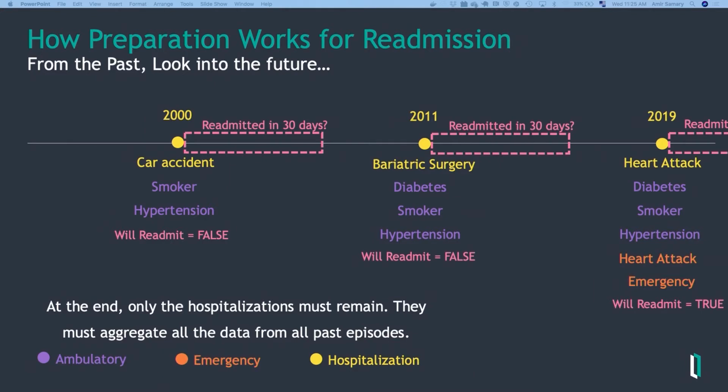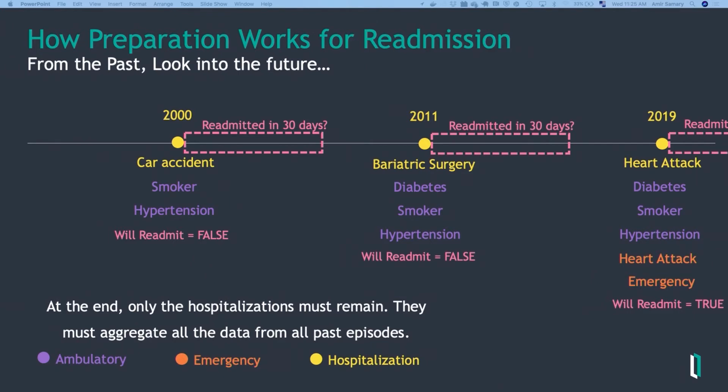Yes or no? And then in 2011, we ask the same question. Has the patient come back and been hospitalized again? Yes or no? Because that's the problem, right? We want to predict readmissions in 30 days. So that's another aggregation you have to do.